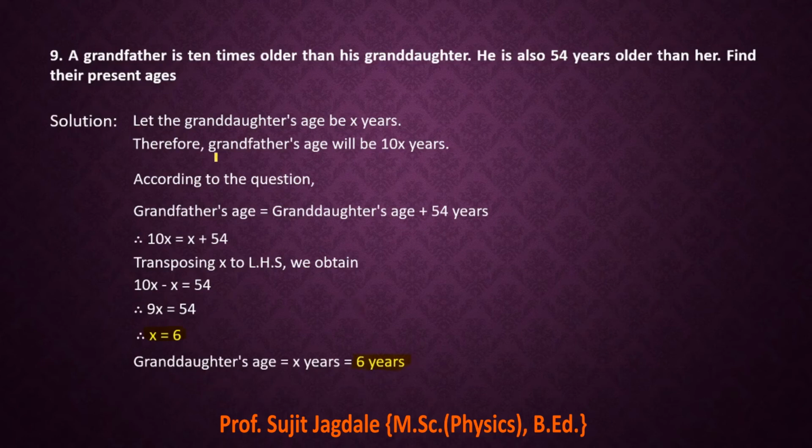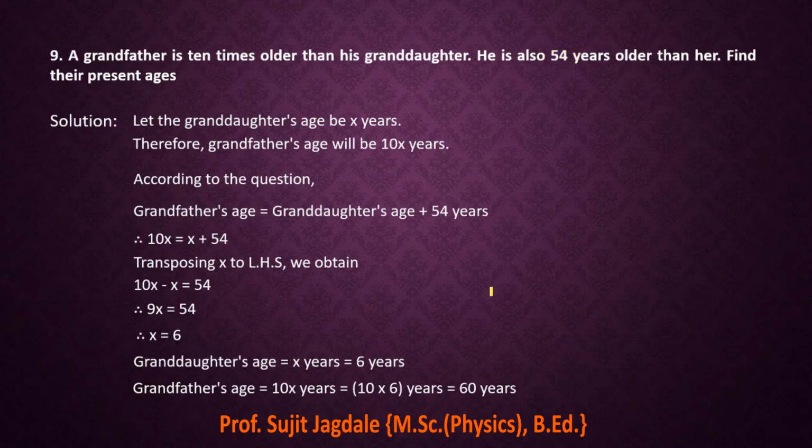And as the grandfather's age is 10 times the granddaughter's, 10 into 6, 60 years is the age of grandfather. So grandfather's age is 60 years and granddaughter's age is 6 years. And if you subtract 60 minus 6, then you are going to get 54. So that means grandfather is 54 years older than granddaughter.